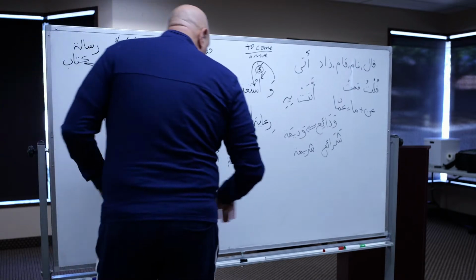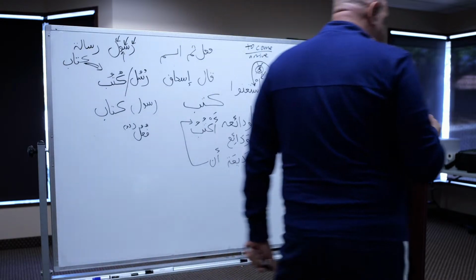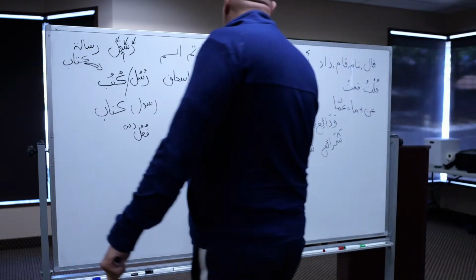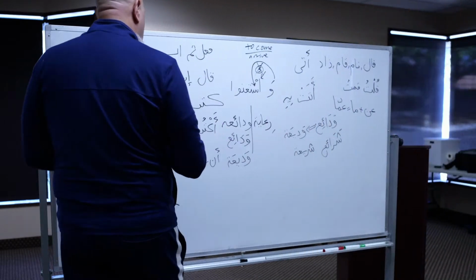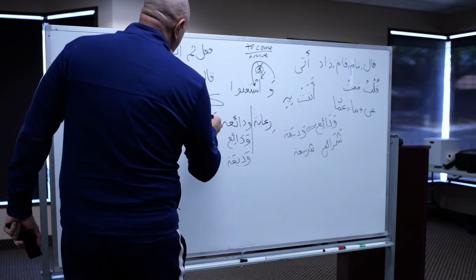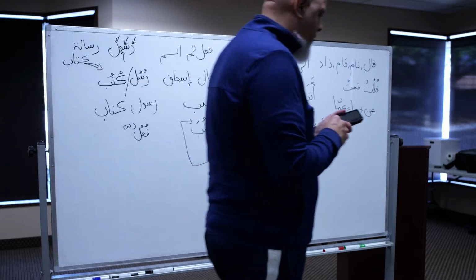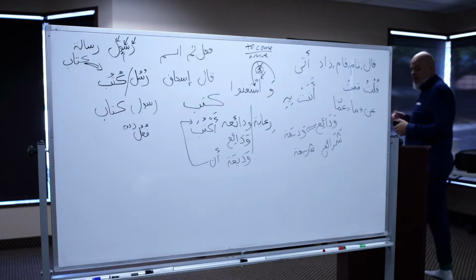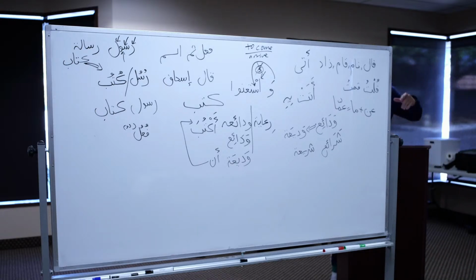So while normally it would be aktubu, when we have the presence of أن before it, it changes the i'rab and makes the last harf a fatha. So, an aktuba. You asked me to write. Laka, for you.